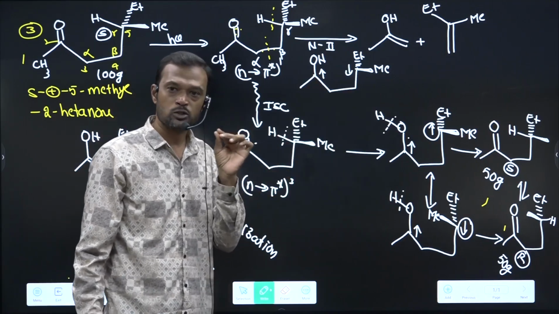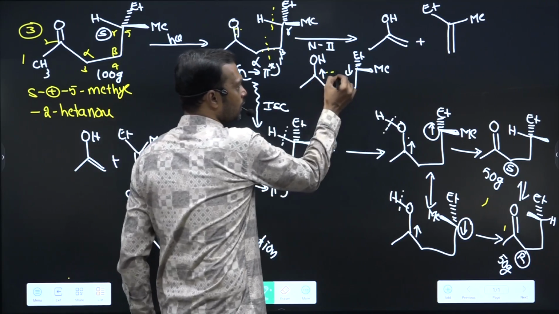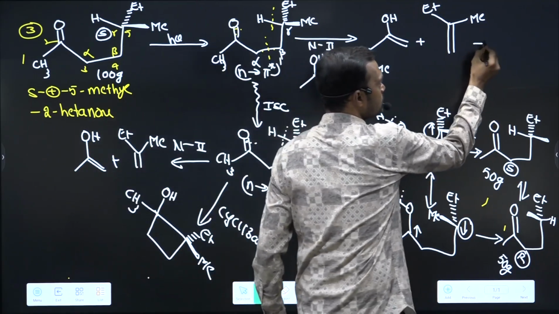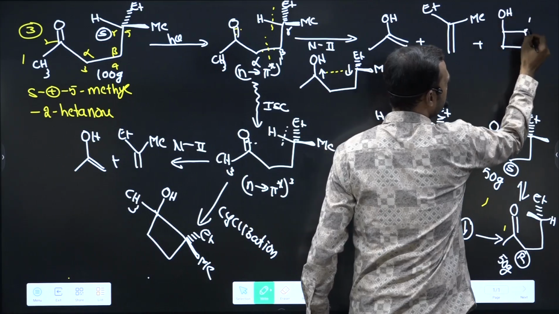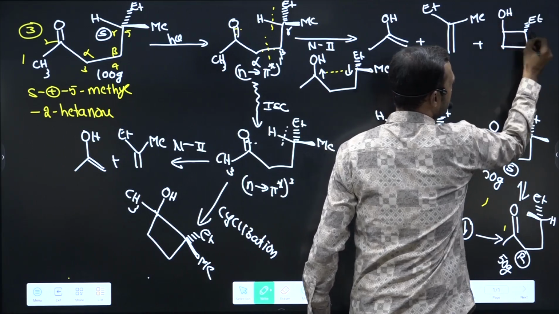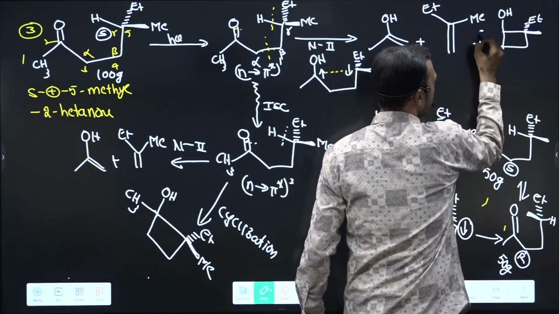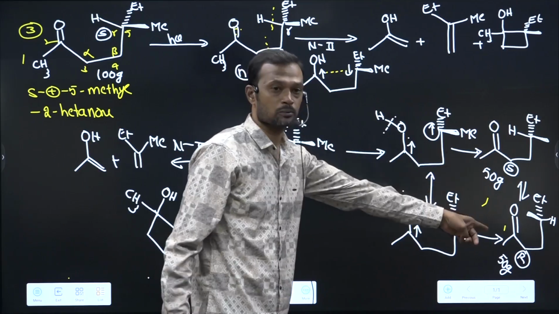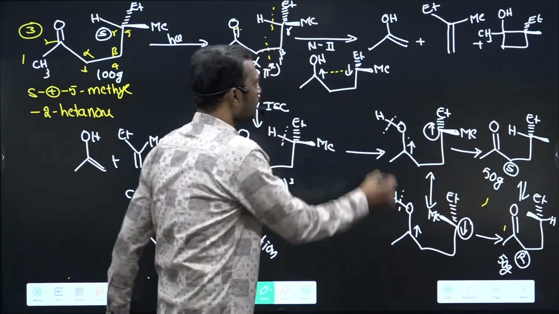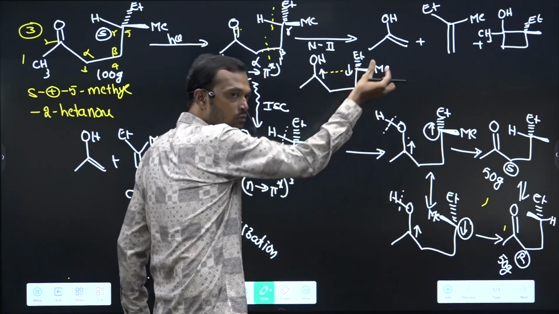So when you get two opposite spins, they will combine directly. And what is your answer? You will get directly cyclobutanol. This is OH, this is ethyl and this is methyl, and this is Me. Directly cyclobutanol formation takes place. There is no racemization, because these two already have opposite spin, they never undergo inversion.